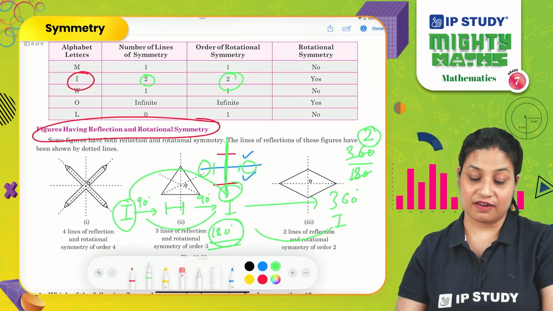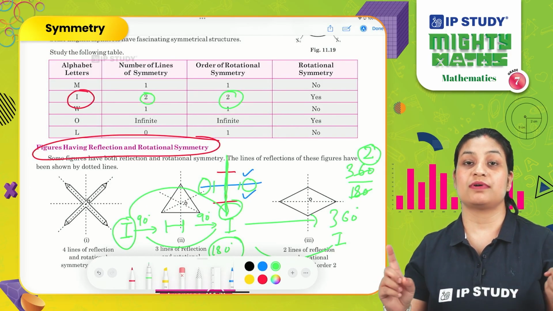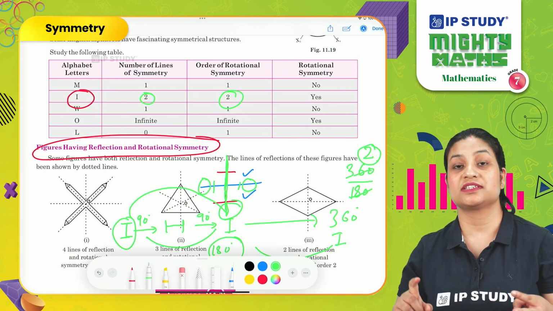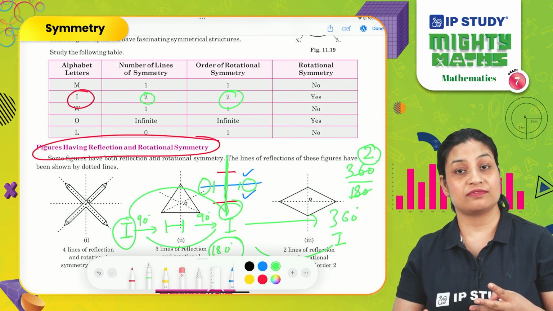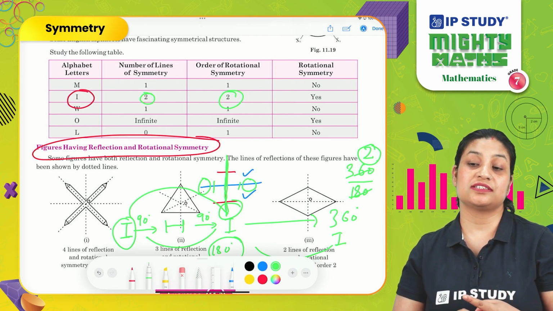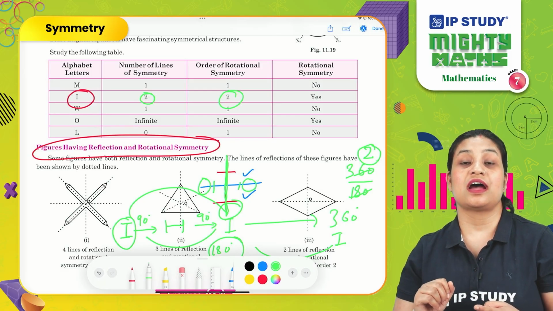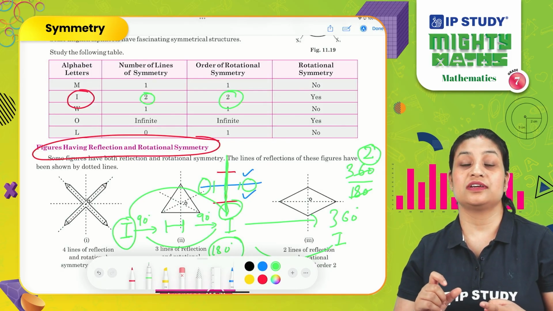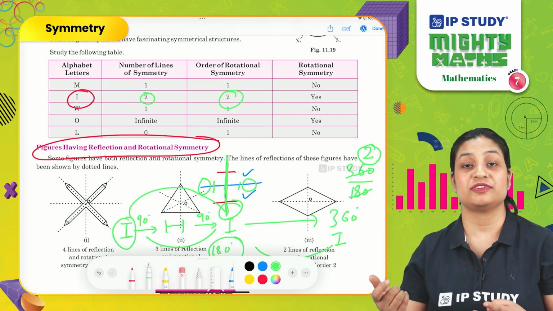So we have discussed here what is symmetry. We have discussed lines of symmetry. We have discussed different alphabets or different objects having both lines of symmetry, right? Then we have discussed the line of symmetry for regular shapes, right? And we came to know that the number of sides of a regular shape is equal to the number of lines of symmetry in it.